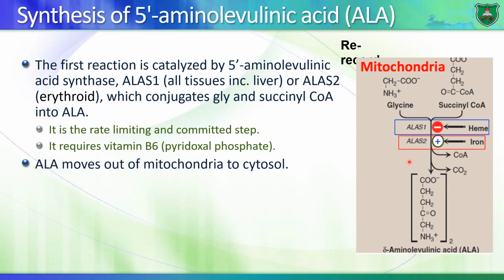And this reaction is also the committed step because once you have the formation of aminolevulinic acid, it has to go forward till the end, that is the formation of heme. Now, this reaction also requires vitamin B6 or pyridoxal phosphate. And the reaction occurs in the mitochondria. Once it happens, ALA leaves the mitochondria to the cytosol, where you have the second stage of synthesis of heme.